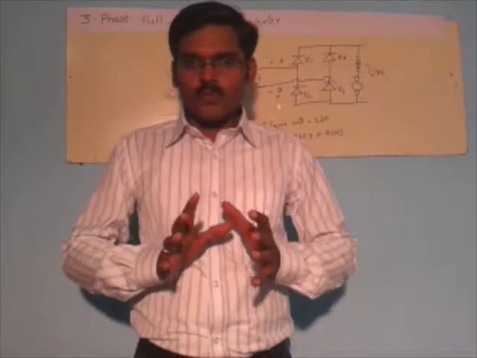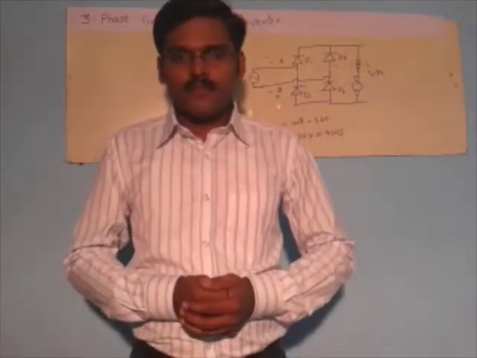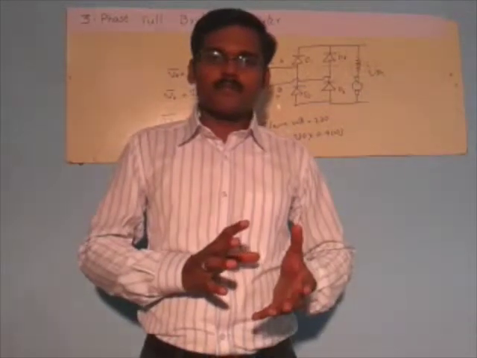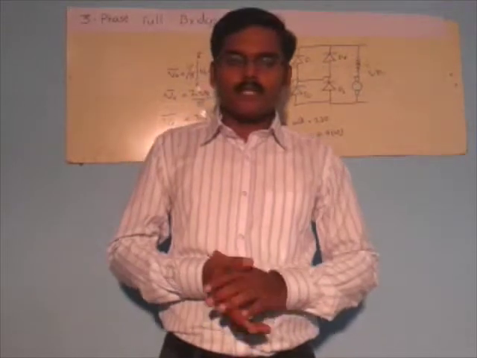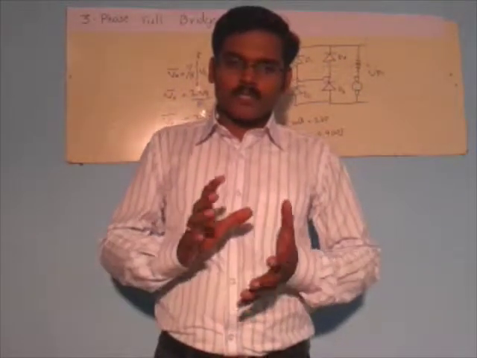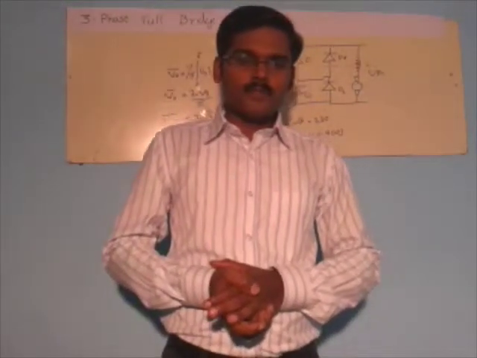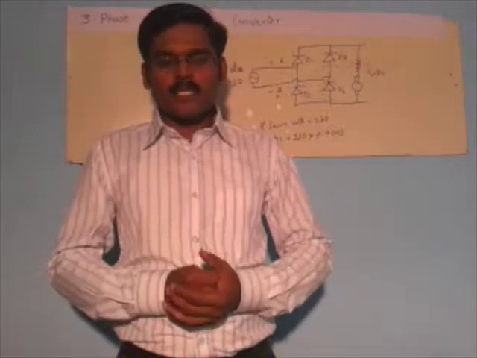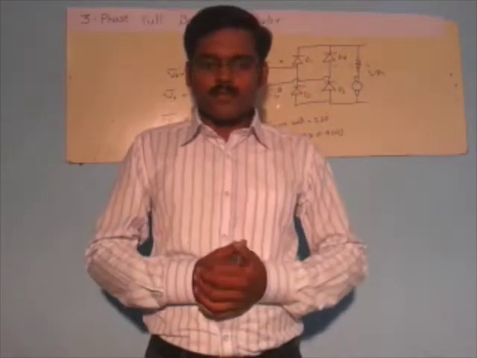There are two important performance characteristics. First one is voltage transfer ratio. What is voltage transfer ratio? Voltage transfer ratio means it's the ratio of DC output voltage to RMS AC input voltage.